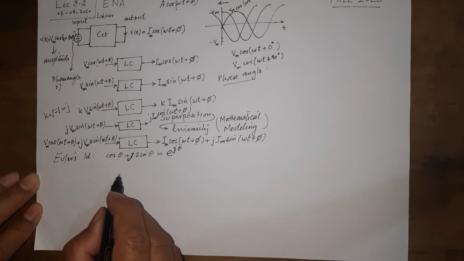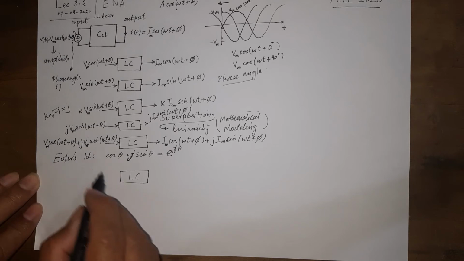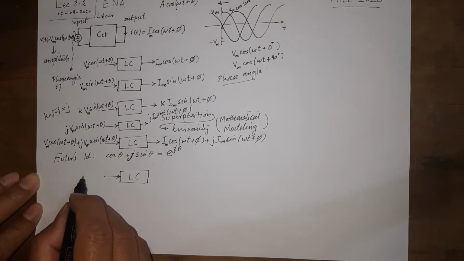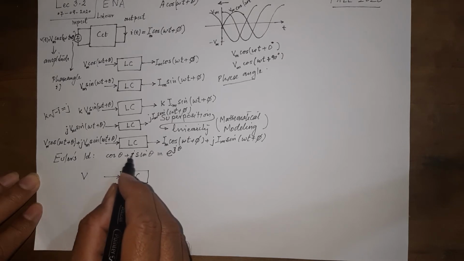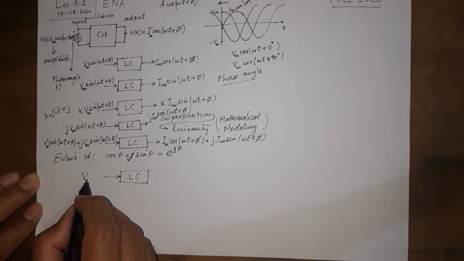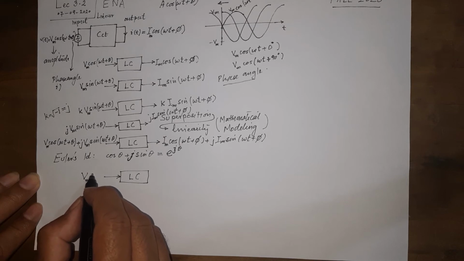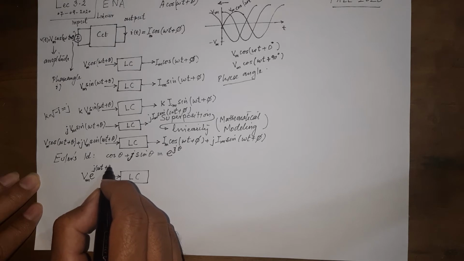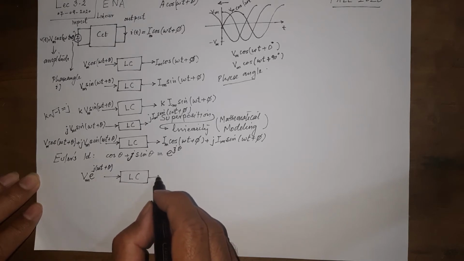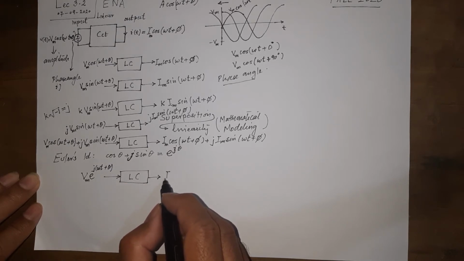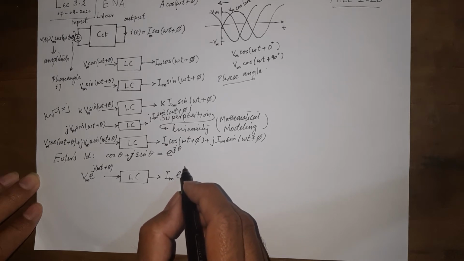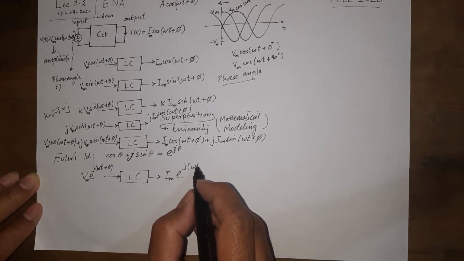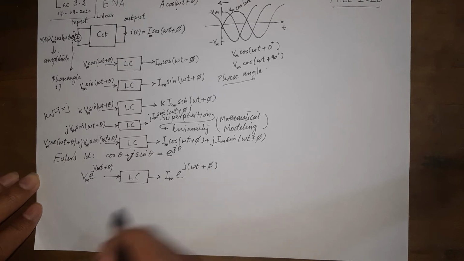If you remember this, we can very easily say that we are applying this complex signal. Here we have 1, but if we multiply this by Vm, we have Vm e raised to the power iota omega t plus theta, and the output would be Im e raised to the power iota omega t plus phi.